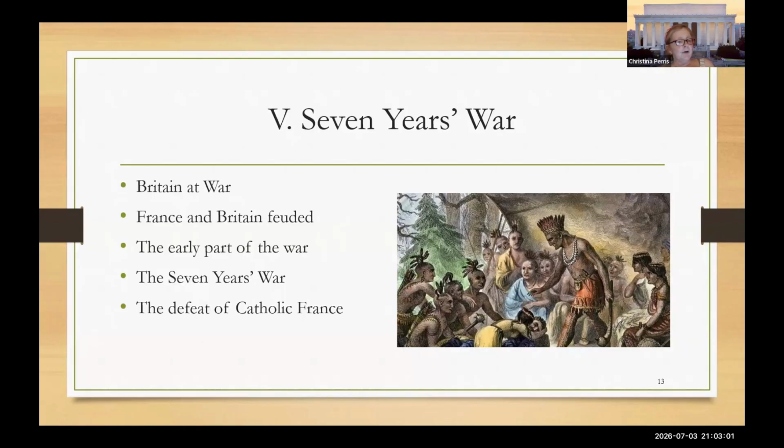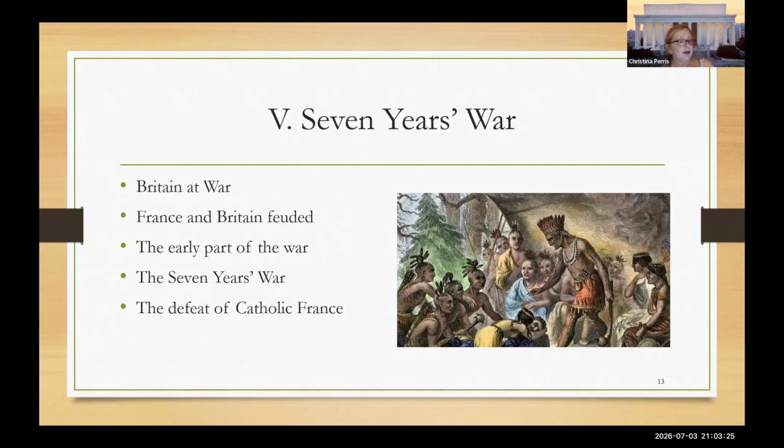In the European War, the British monetarily supported the Prussians, as well as the minor Western German states of Hesse-Kassel and Brunswick-Wolfenbüttel.